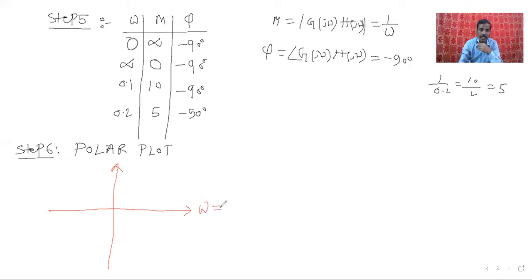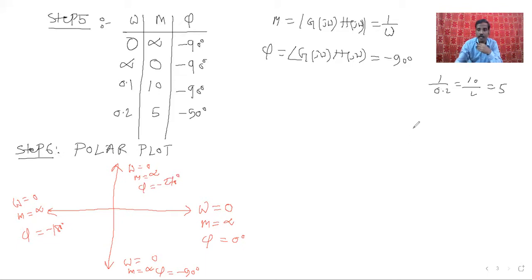In this case, omega equals 0, M equals infinity, with phi equal to 0 degrees, minus 90 degrees, minus 180 degrees, and minus 270 degrees. Then at the origin, omega equals infinity and magnitude equals 0. So draw the polar plot.